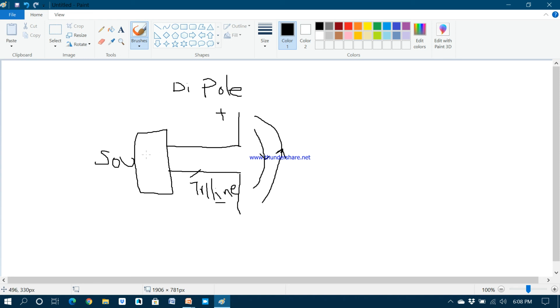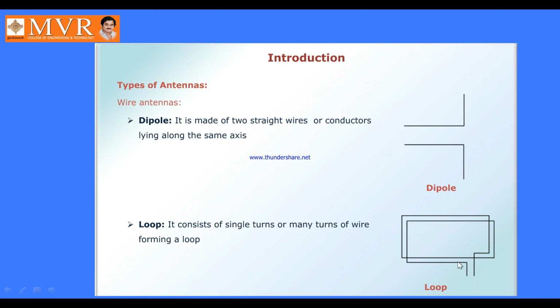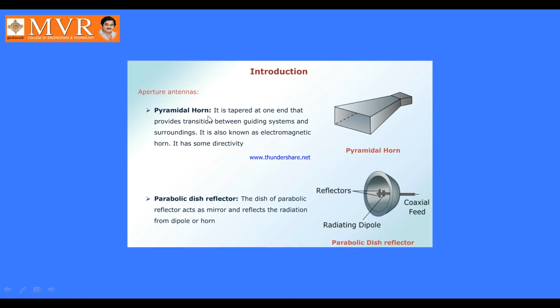Suppose we look at the loop antenna, the center fed source is here, and in the pyramidal horn antenna, the center feed is here. In the parabolic antenna, the center feed is here. So every antenna must have some center fed source, which is excited for conducting the antenna and wave propagation.